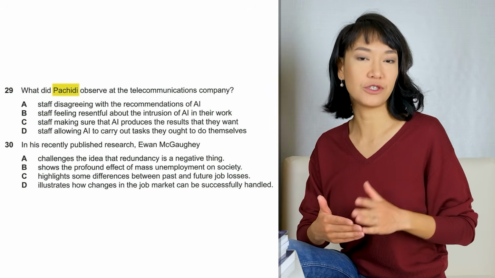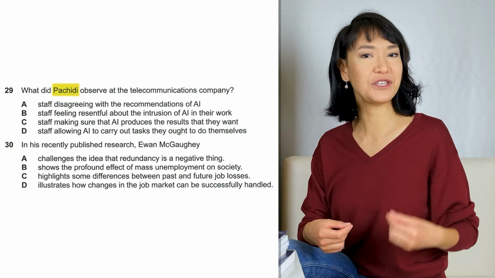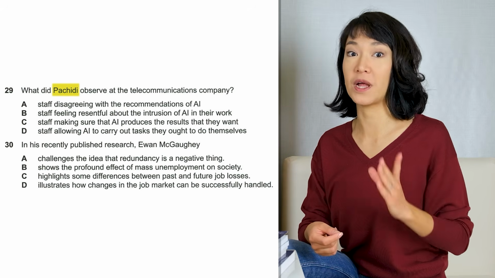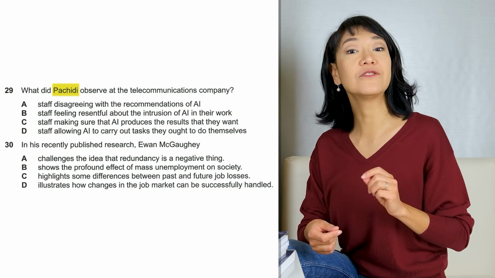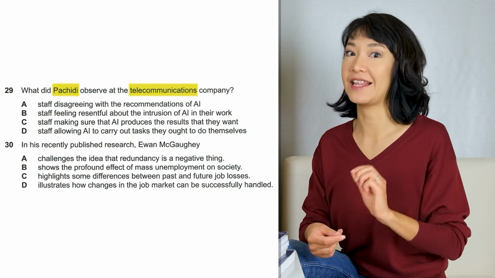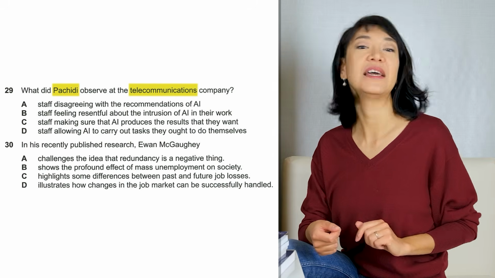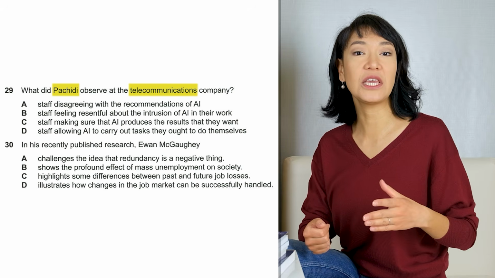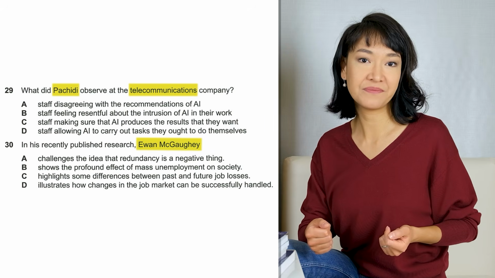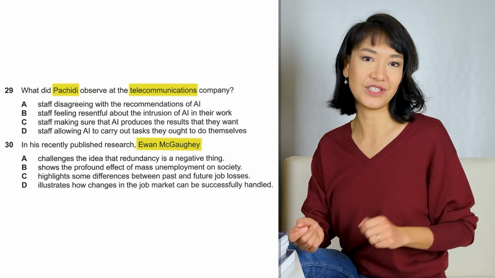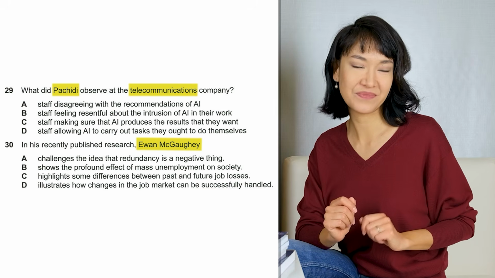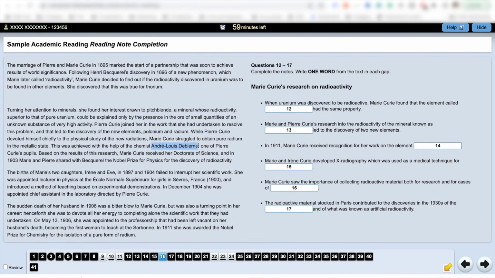In texts about research, there may be several different pieces of research by one scientist. We're interested in the one about telecommunications. In question 30, the keyword is Erwan Migoi. In a paper-based exam, just underline your keywords. In a computer-based test, select the word, right-click, highlight.